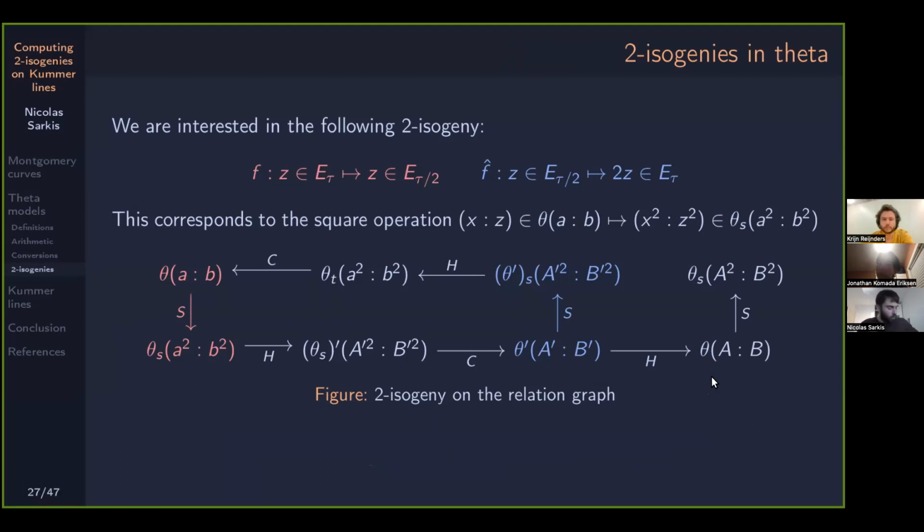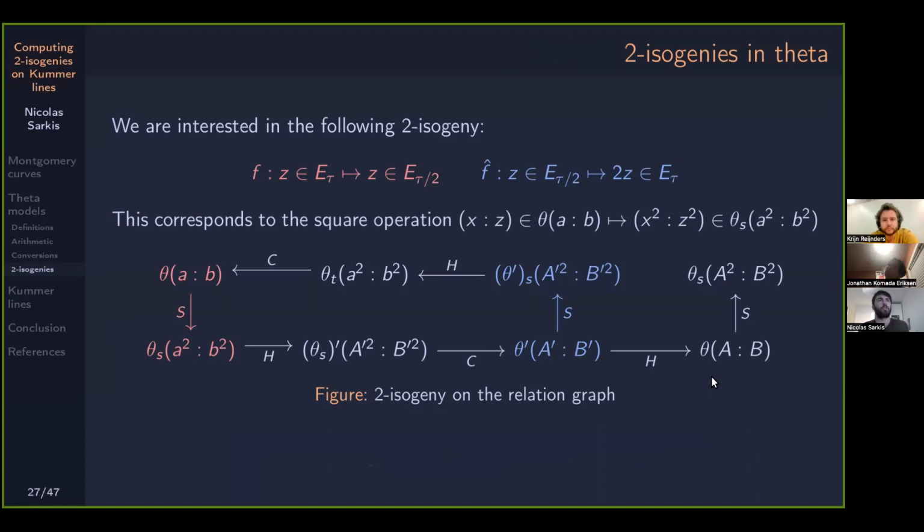If you work in the complex plane, the two isogeny we're interested in sends z from the curve E tau to z on the curve E tau over 2. And the dual sends z on E tau over 2 to 2z on E tau.